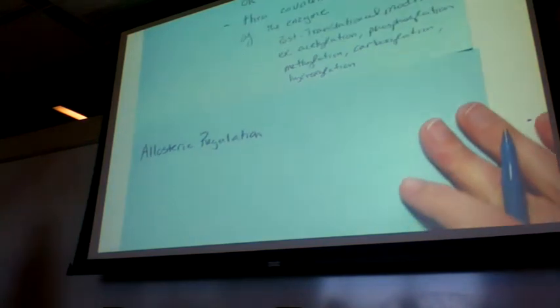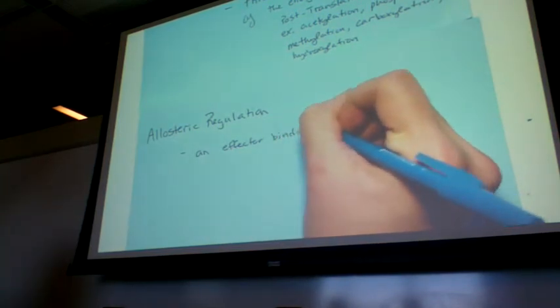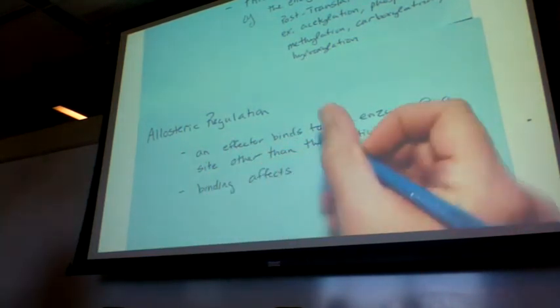So, allosteric regulation is something that we need to define. This is the example where we have an effector that binds to the enzyme at a site other than the active site. Binding affects activity.